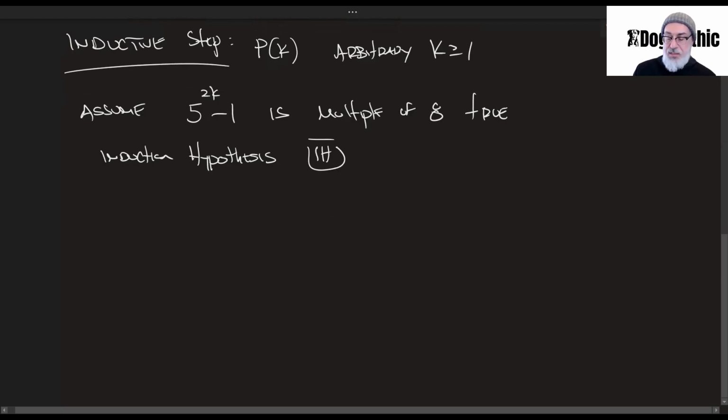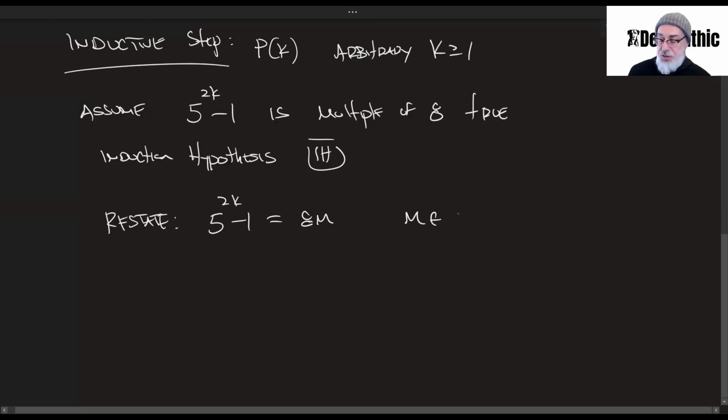All right, so that's the induction hypothesis. We can restate it. I want to do that just so the next steps are a little bit easier to see. So when we say that something is a multiple of 8, we mean that it's 8 times some integer. I'm going to use the letter m for no other reason than that just came to mind.